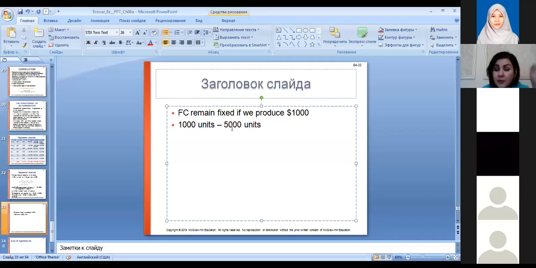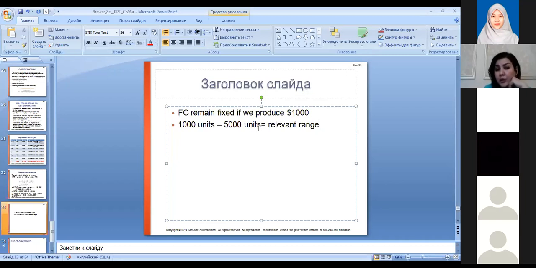When we produce 5,000 units, fixed costs are still 1,000. So this is a relevant range. These units within which the fixed costs remain fixed are called the relevant range. Within this production from 1,000 till 5,000 units, fixed costs remain fixed.